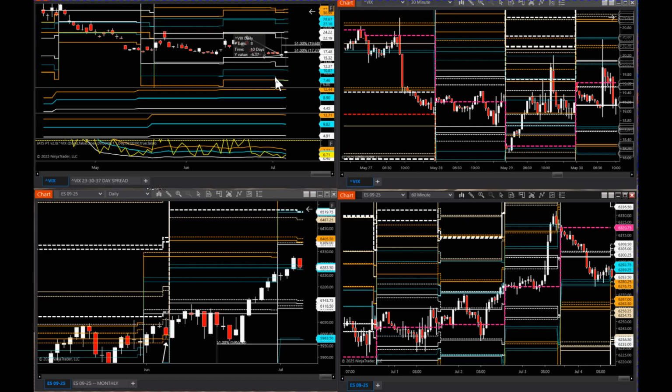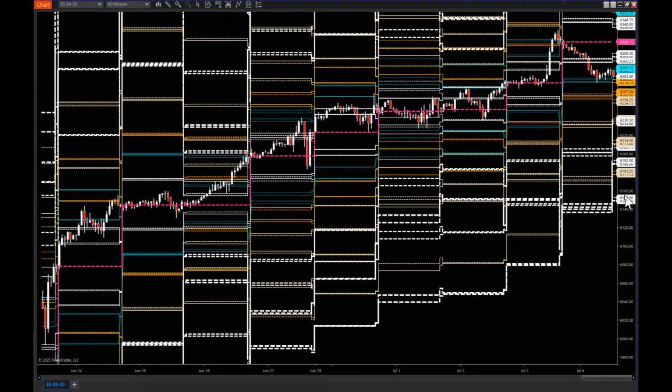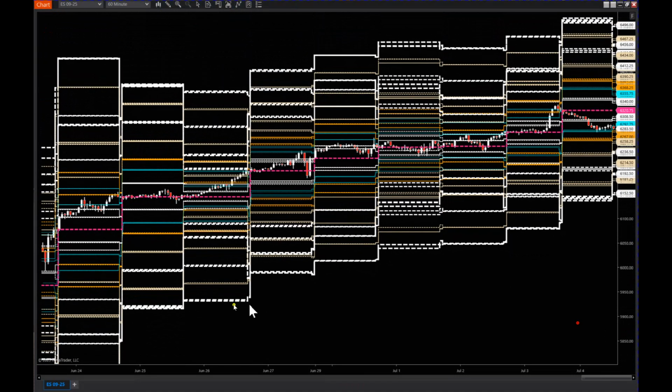All right. And so you could look at the ES and go outside the range, 1.5, which we know where that is. We would be looking for a move down to the 1.5 potentially of the ES range if that were to happen. So let's see what happens. Anything can happen.